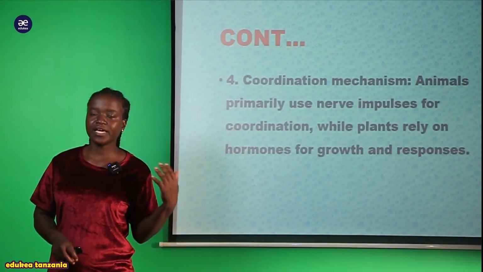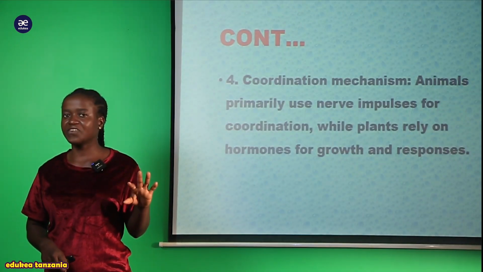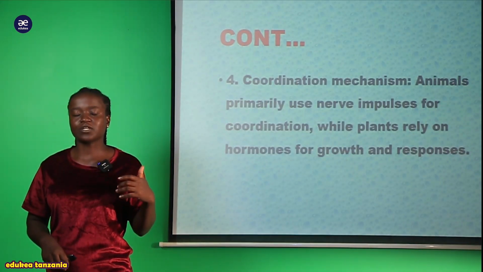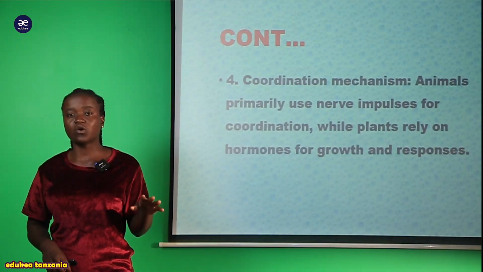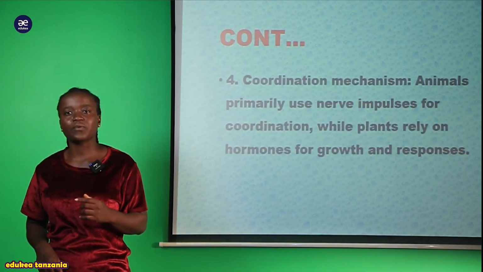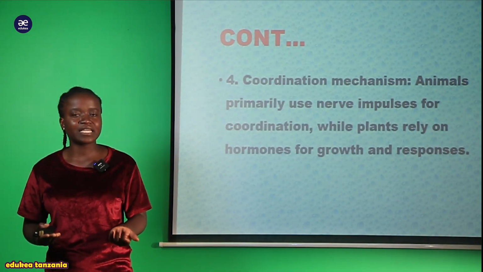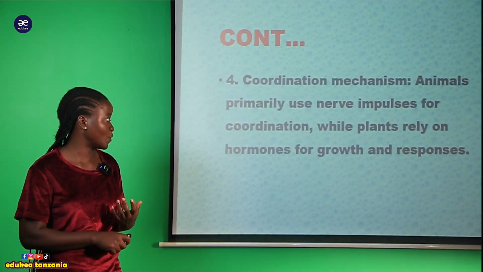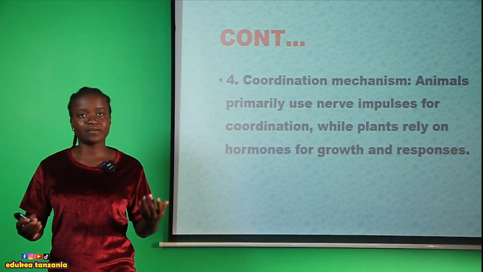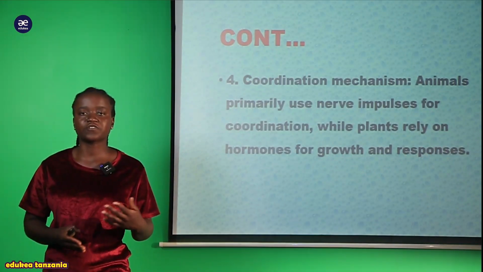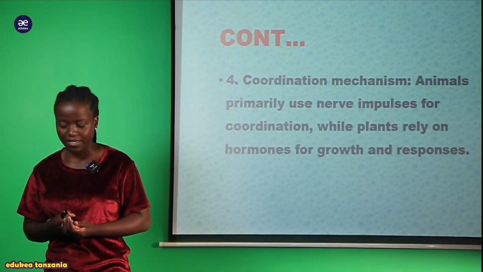So you can see that animals, due to the presence of the nervous system, have a more complex coordination mechanism compared to plants, because in plants they only use chemicals such as hormones. These hormones help them to respond to different kinds of changes that occur within the environment.